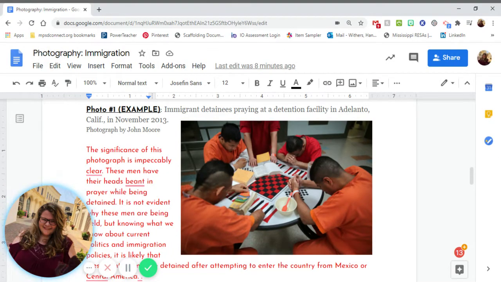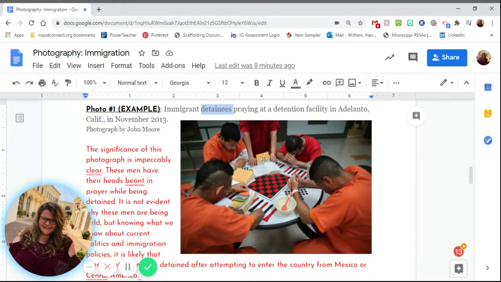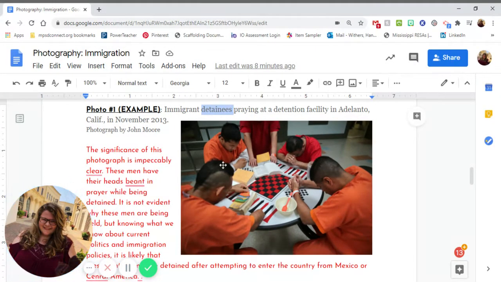So it's obvious to me as soon as I see it that these are probably people in prison. In this case, it's called a detention facility. They're detainees in a detention facility. And then we have these yellow books. So the colors are very vibrant in this picture. They stand out. They're striking.